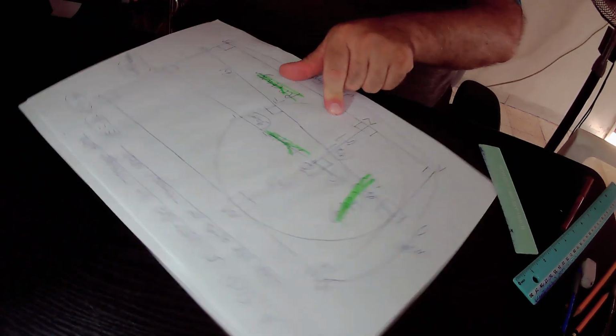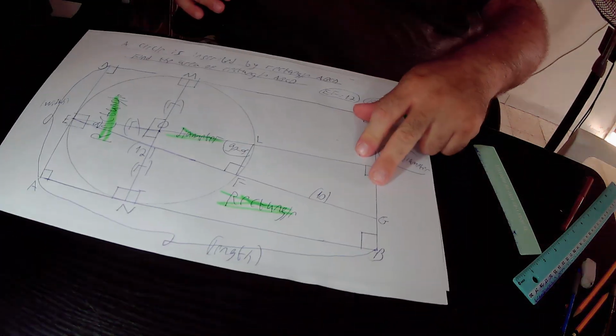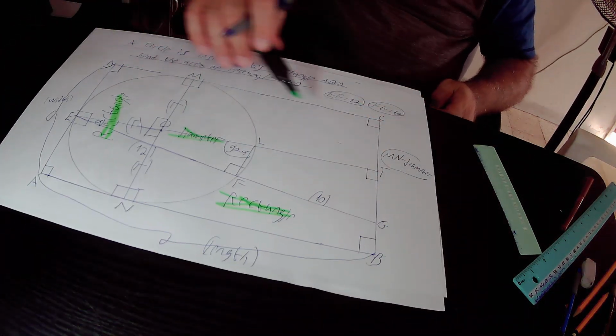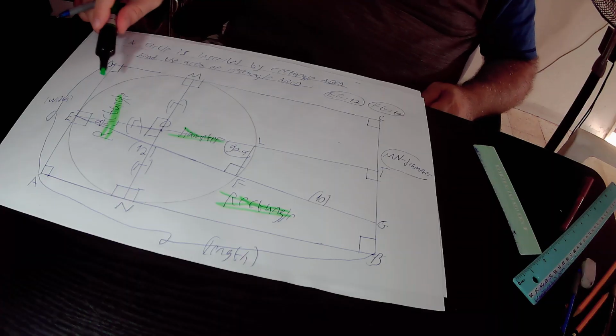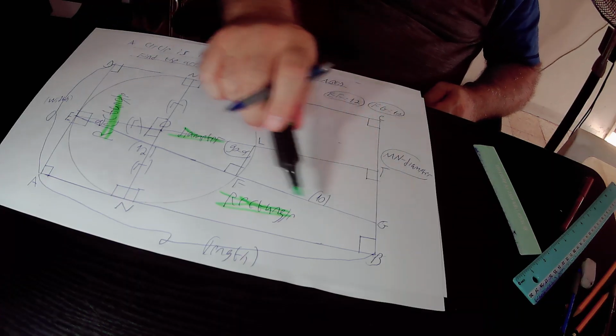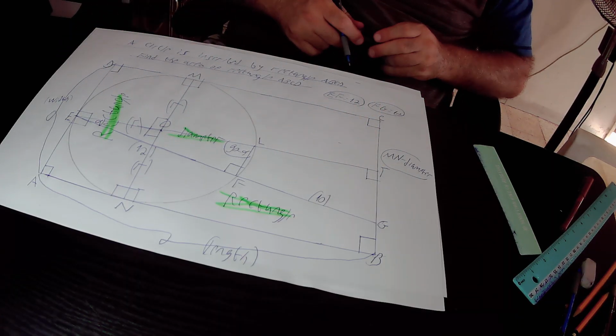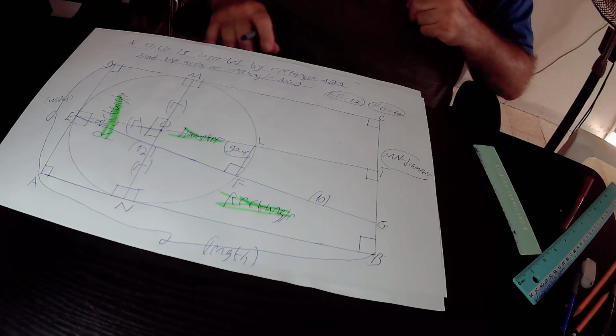But we also know that the opposite sides of a rectangle are equal to each other. So in the big rectangle ETBA, side ET must be equal to the opposite side BA. So let me write it down.